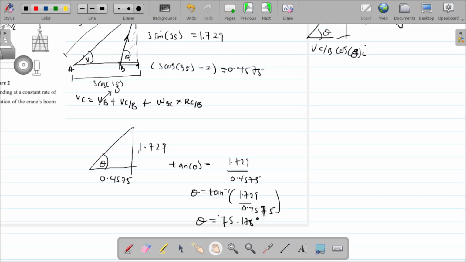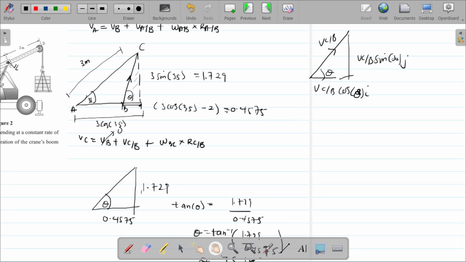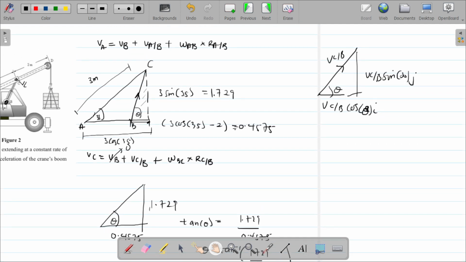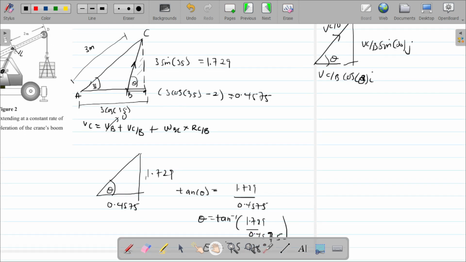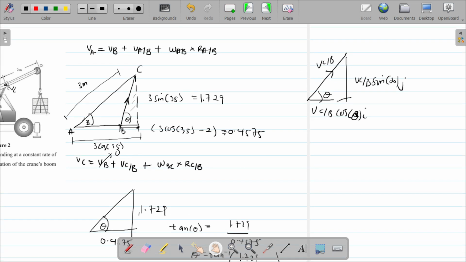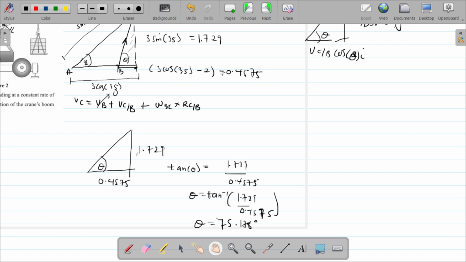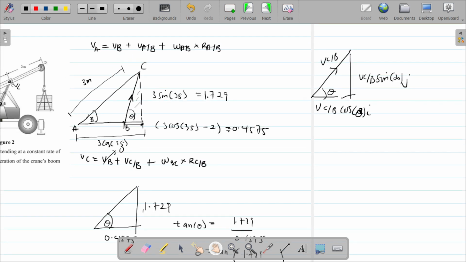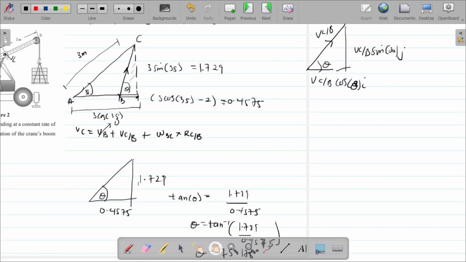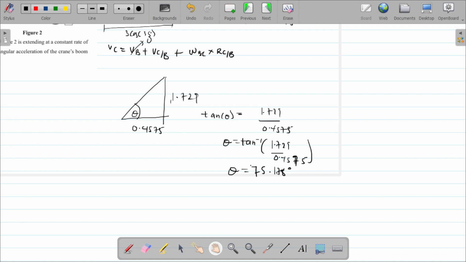In solving, because this is explanation, in writing in your book, we are looking for VC relative to B. If you join this on the diagram and find this and this, then you can find the angle using these and put it here. No need to be drawing several of these. I was doing this to make you understand what I'm doing. Now, real quick, knowing that theta is 75, let's get to work.